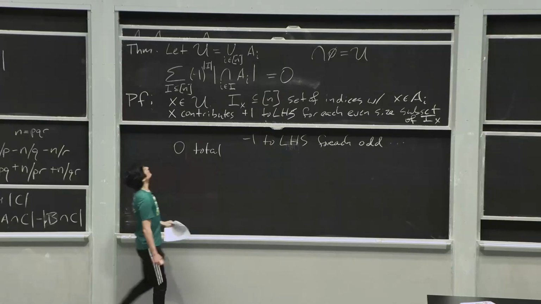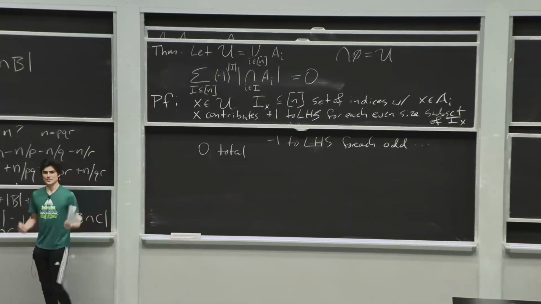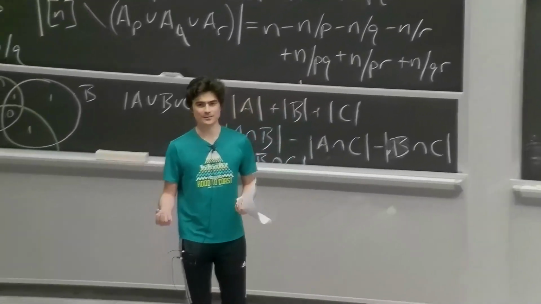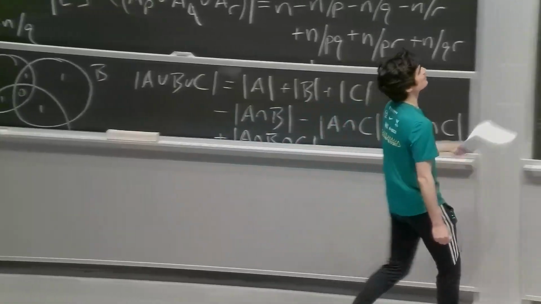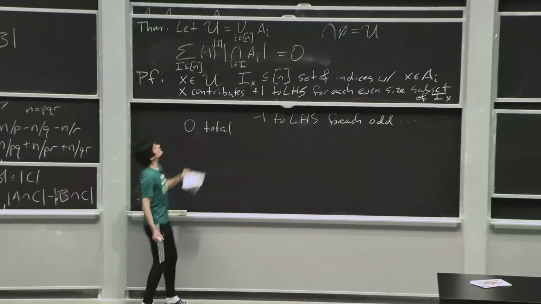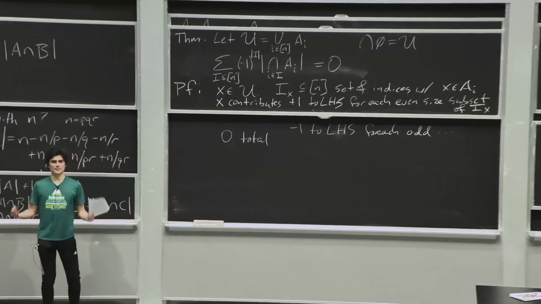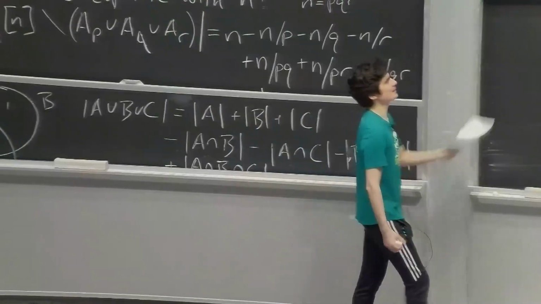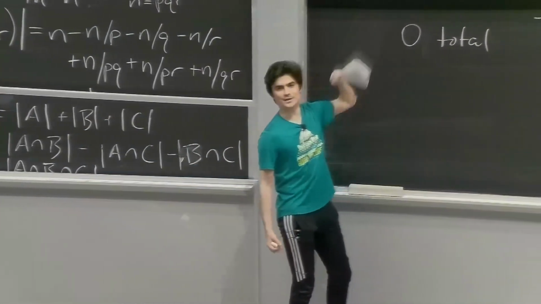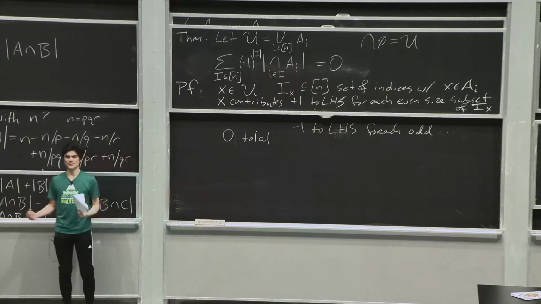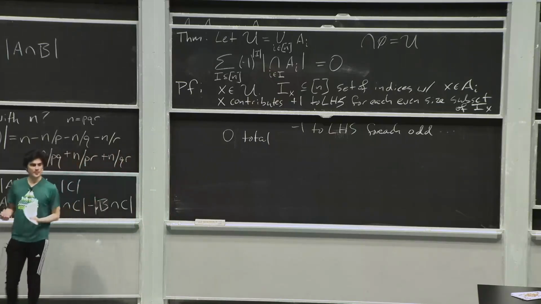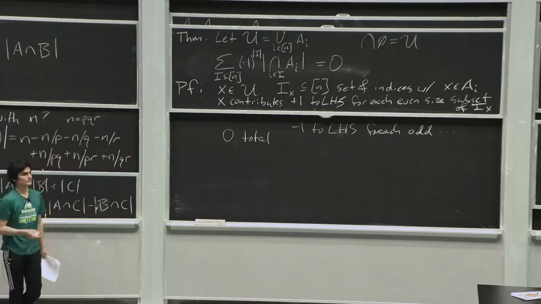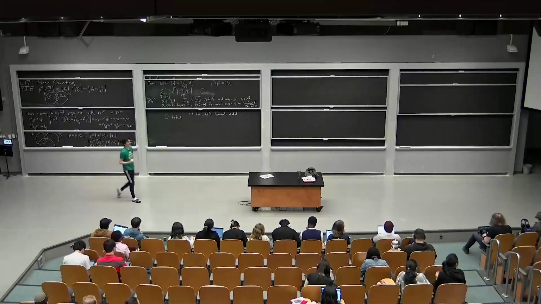Like, how many of these terms does it contribute positively to? How many does it contribute negatively to? Whenever the size of I is even, it's going to contribute positively if it's contained in that intersection. Whenever the size of I is odd, it'll contribute negatively when it's in the intersection.